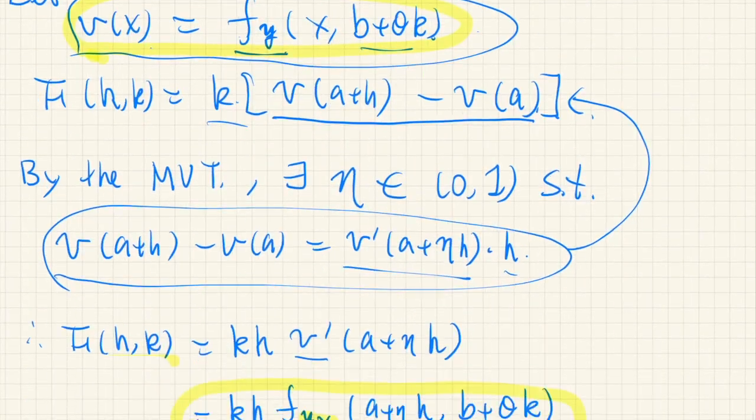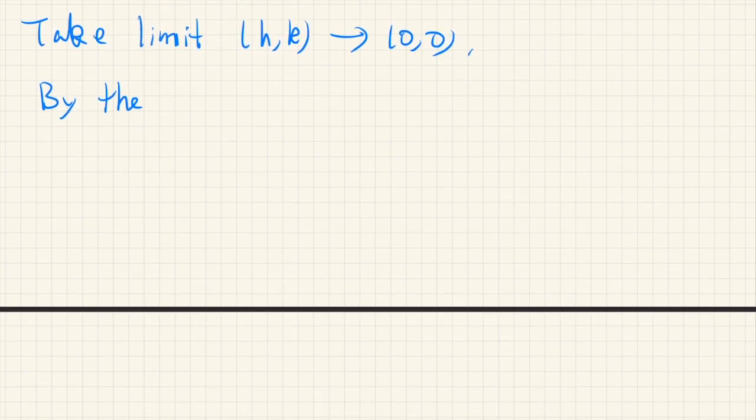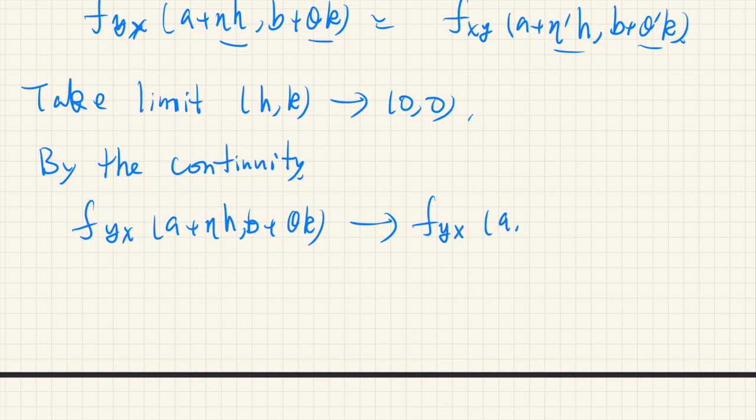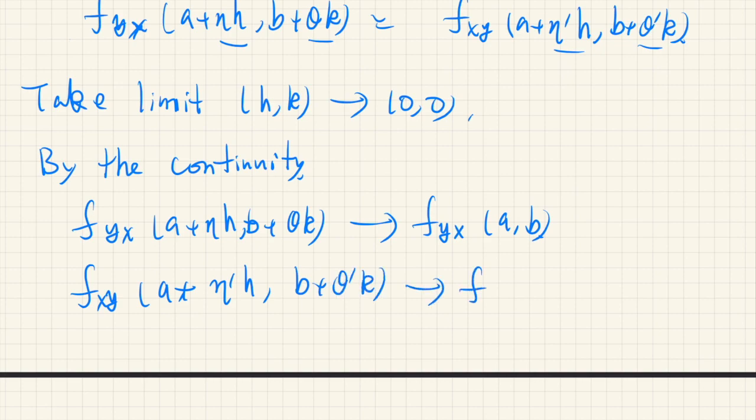Since they are continuous, fyx at a plus eta h and b plus theta k will converge to fyx of a b, and fxy at a plus eta prime h, b plus theta prime k will converge to fxy of a b. So they are equal, and we are done.